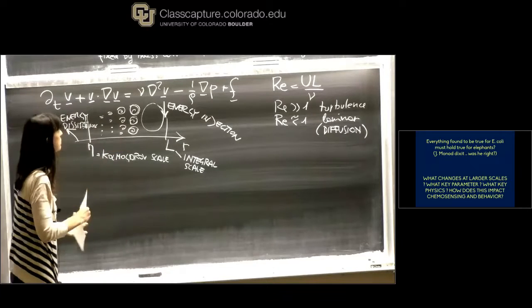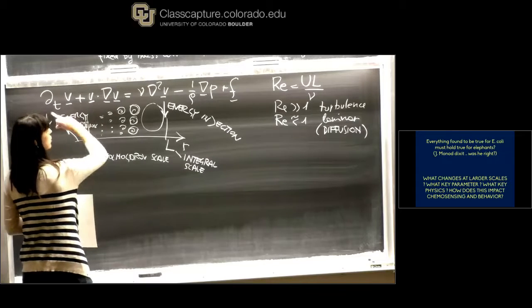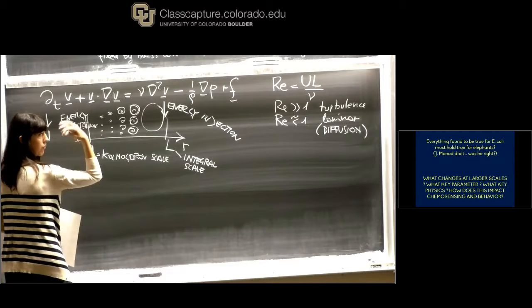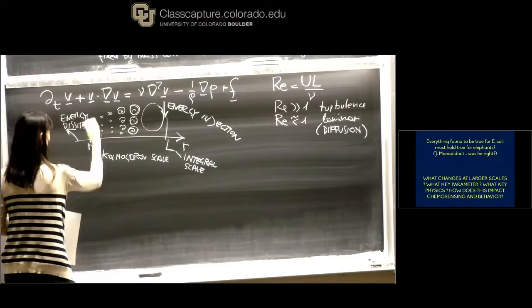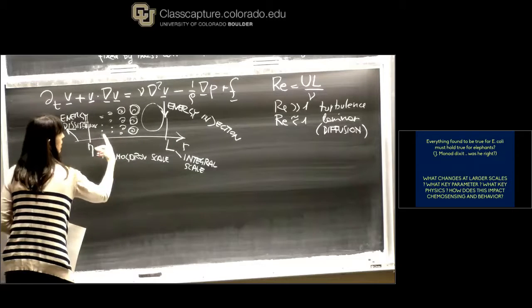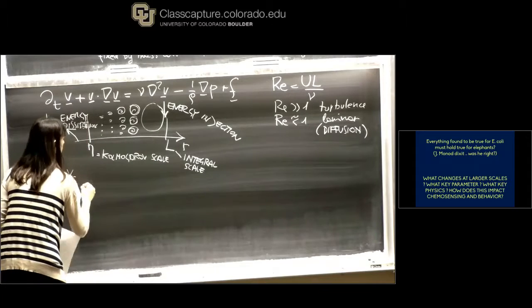So let's assume that, if I multiply this equation by V, thinking about energy, the order of magnitude of this term will be the velocity measured at any of these scales, and we'll call that r.